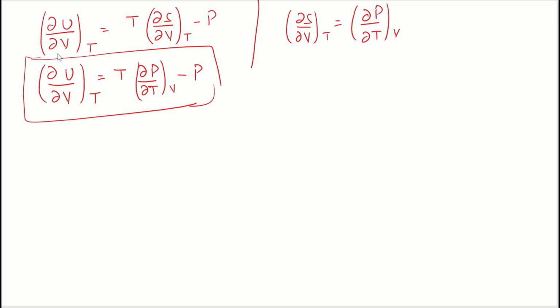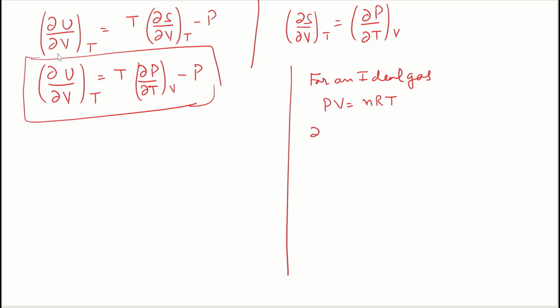Now we are going to evaluate this for the ideal gas equation. So for an ideal gas we have PV is equal to nRT. Okay, so from here dp by dt, that is equal to nR by V. Therefore with this substitution we are going to substitute it here.